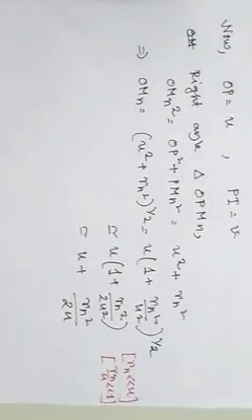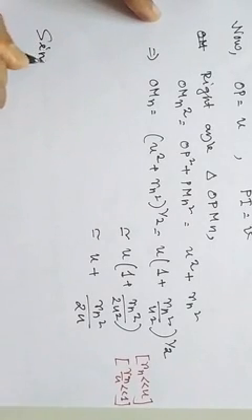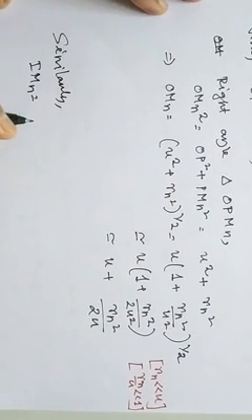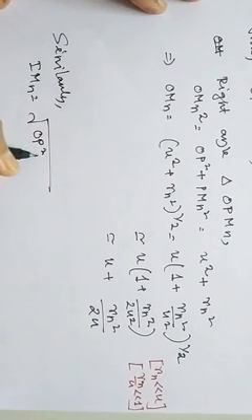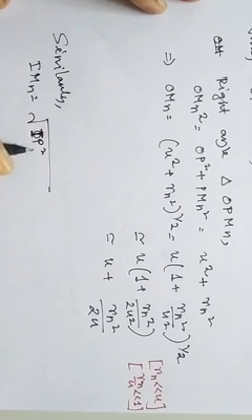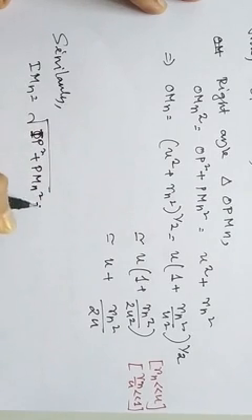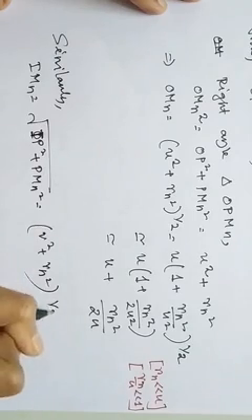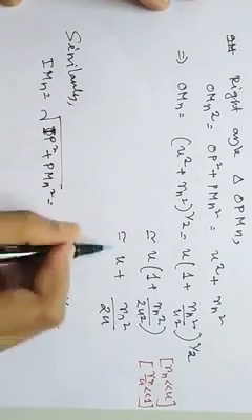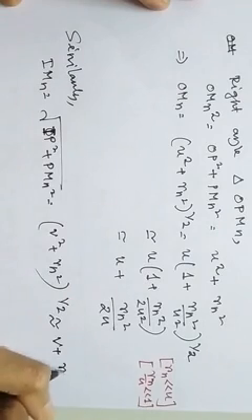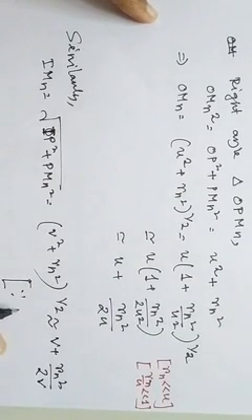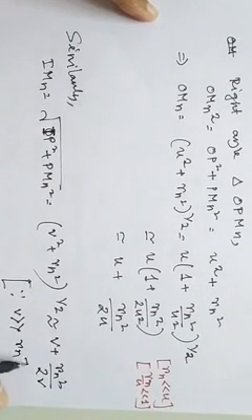Similarly, IMN will be root over IP square plus PMN square, which is V square plus Rn square whole to the power half, which is again approximately V plus Rn square by 2V, since again V is much greater than Rn.